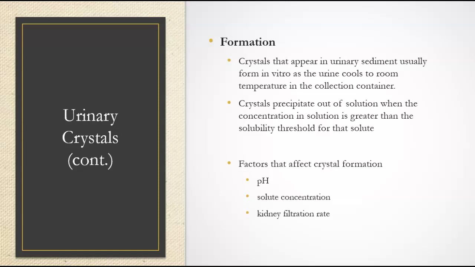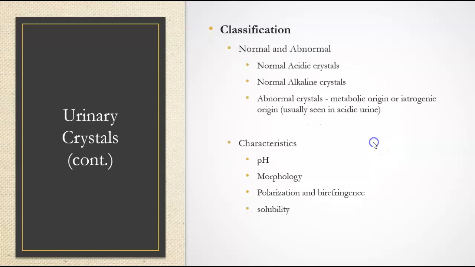The factors that affect crystal formation are the pH of the urine, the solute concentration in the urine, and the kidney filtration rate. We will classify them as normal and abnormal, and by the pH: normal acidic crystals, normal alkaline crystals, and abnormal crystals. And again, these will be metabolic or iatrogenic in origin.